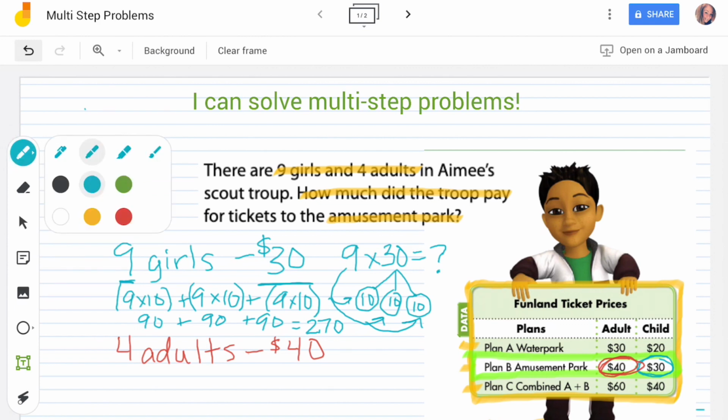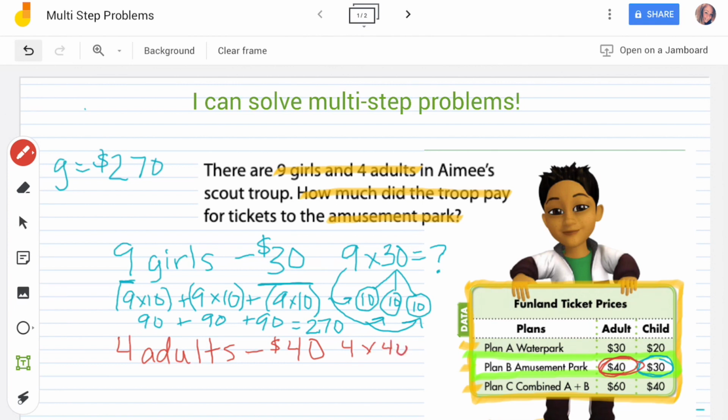Well, now I'm going to go and solve for the adults. I'm going to use the same method or strategy. I have 4 adults, and each of the adult tickets cost $40. So I have 4 groups of 40. That's going to give me my total amount for the adults. I can do the same thing I did above and create a number bond for 40.